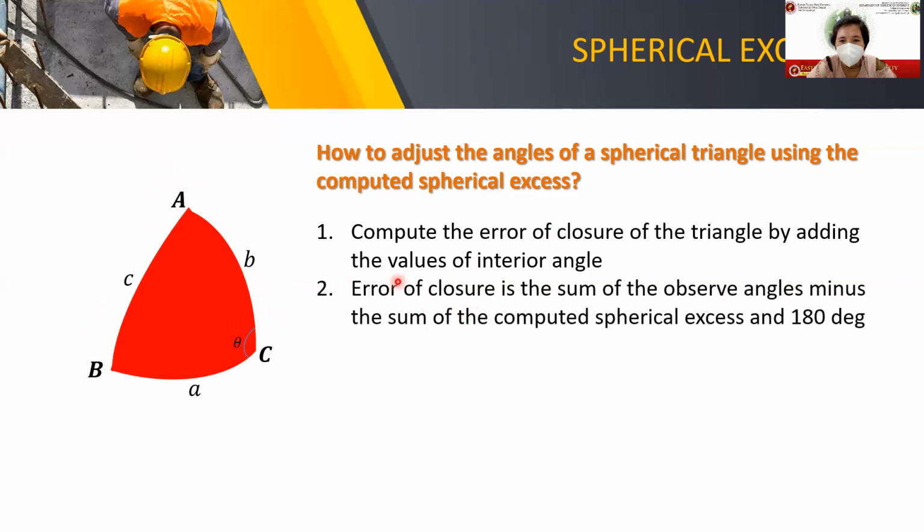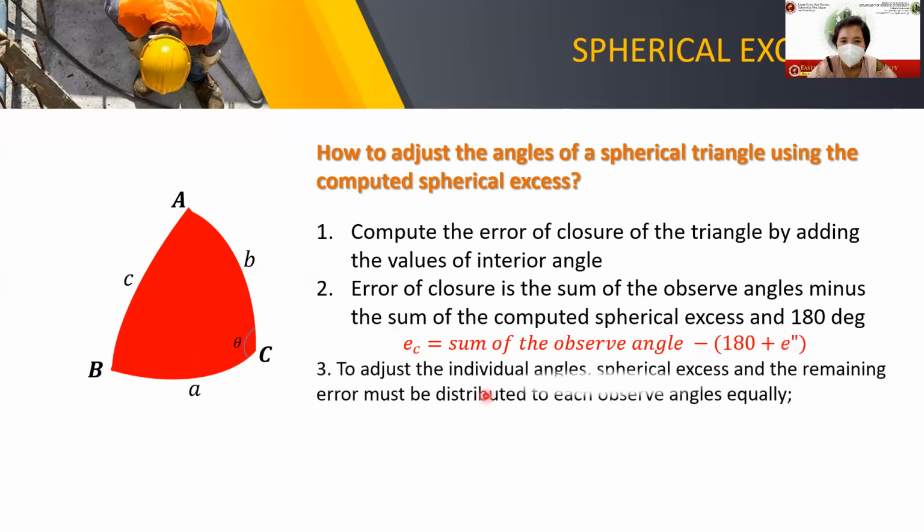So the error of closure is the sum of the observed angles minus the sum of 180 degrees plus the computed spherical excess. The observed angles are the given A, B, C. You need to compute the spherical excess first. Now, to adjust the individual angle, the spherical excess and the remaining error must be distributed to each observed angle equally.